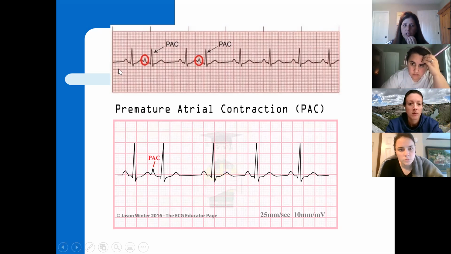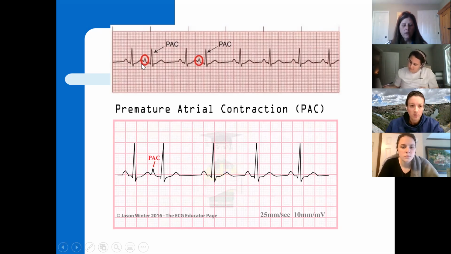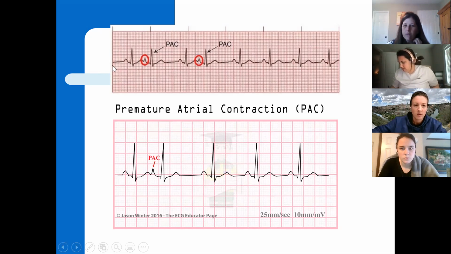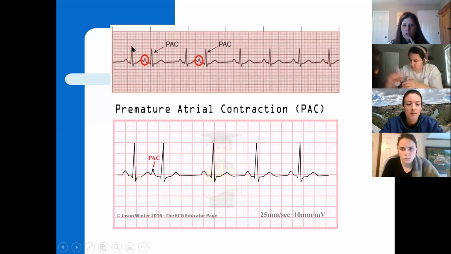Yeah, so with this particular one, we can't see because we don't have enough to the left of this strip. But what you would have to do is, with the compensatory and non-compensatory, you look at the R in the complex before, well, we might be able to do it with this one. I would like to have a couple more over here. But what you're doing is you're looking at the R in the complex before the PAC. So we could look at just this one.